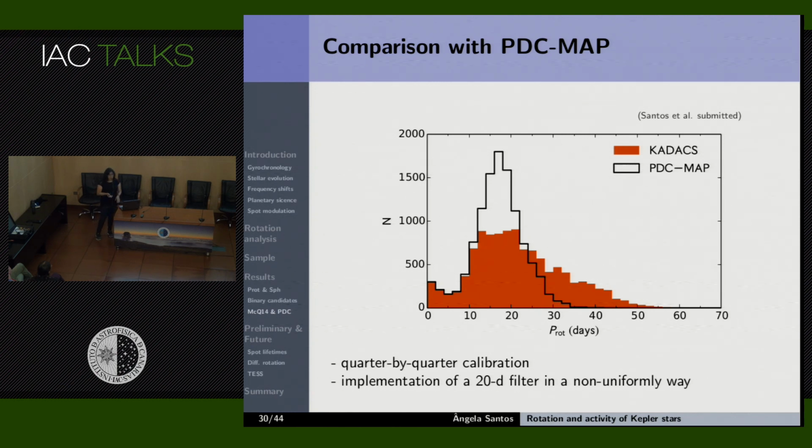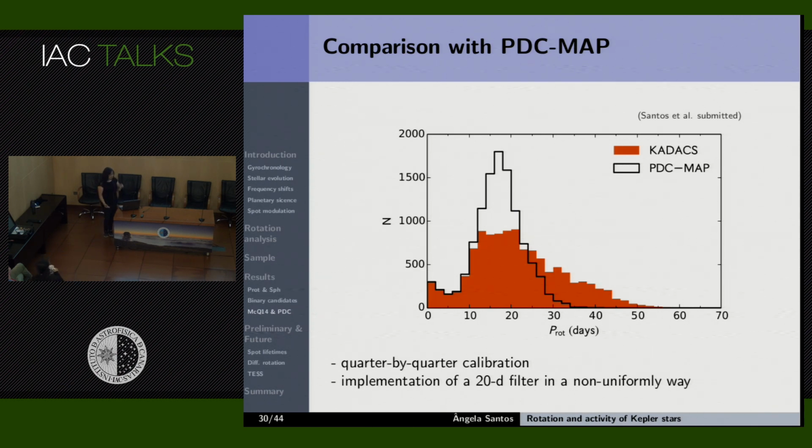One of the reasons is that in PDC-MAP light curves, they apply a 20-day filter, not in all quarters, but often. It's filtering out the rotation signal, and we obtain the harmonic of the rotation period instead of the rotation.